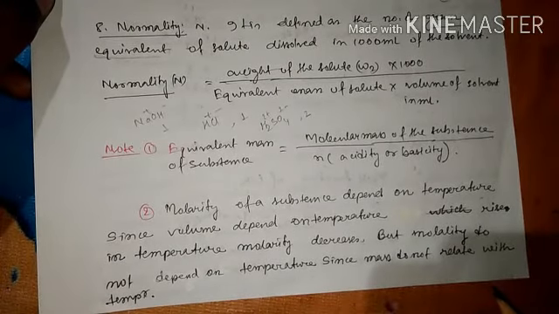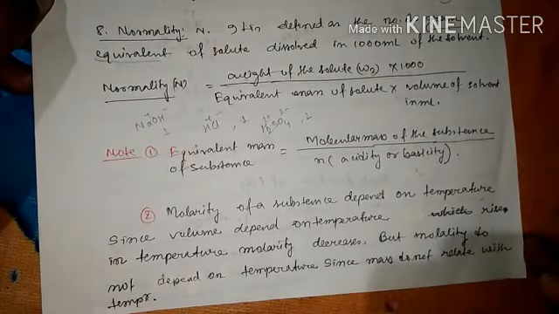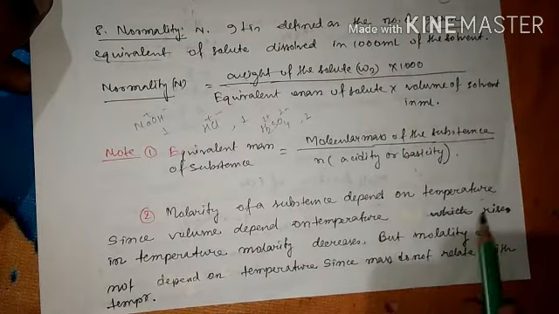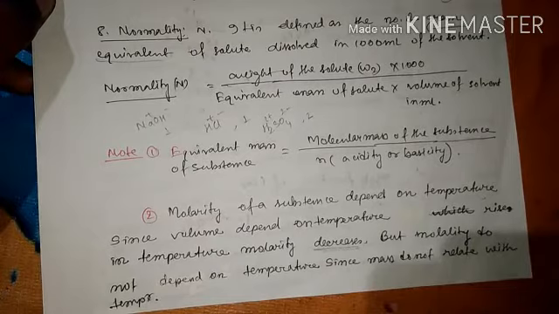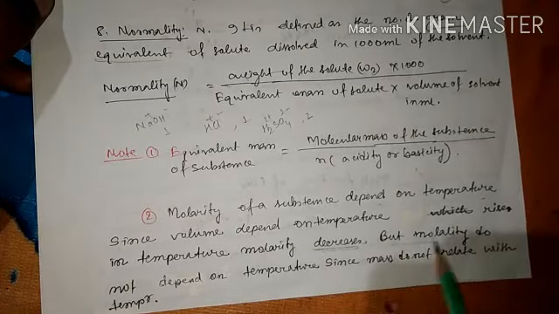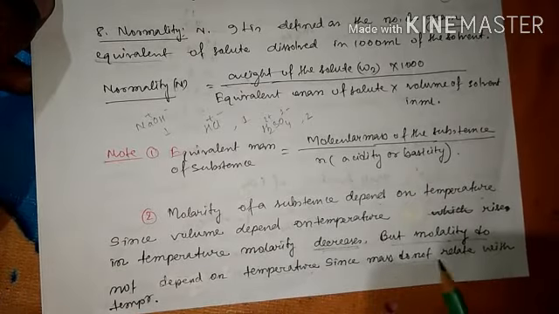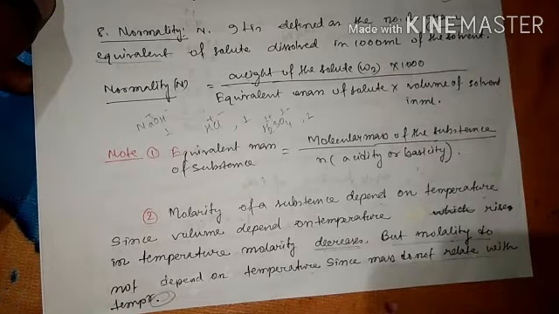If we raise the temperature or give heat to a solution, its volume may increase, so its molarity decreases. But molality does not depend on temperature because it is not related to volume.